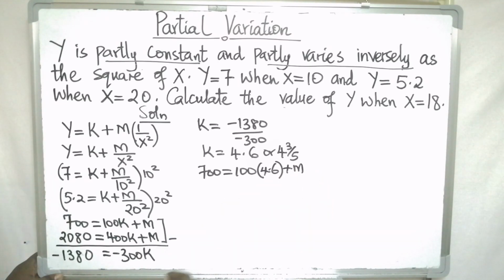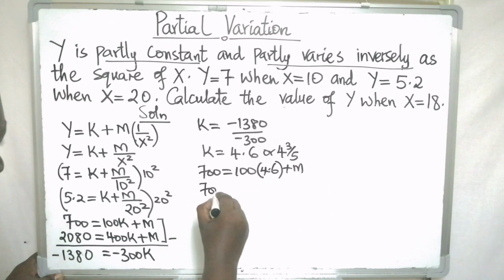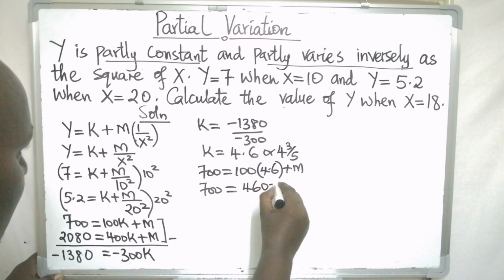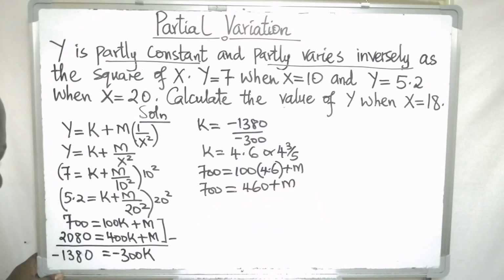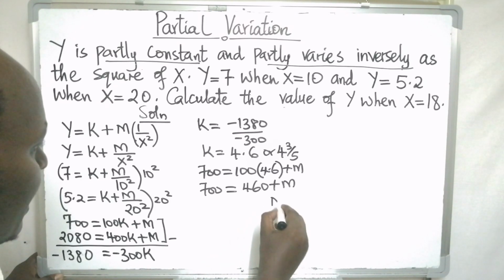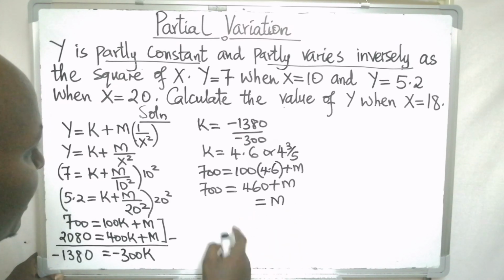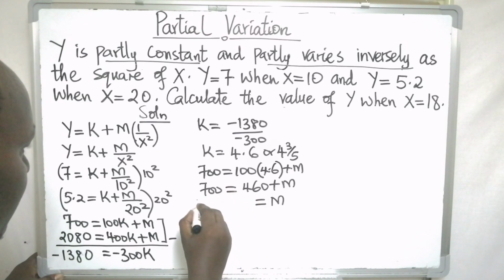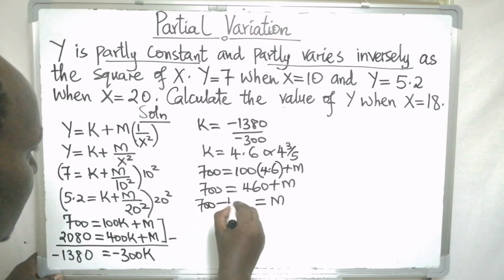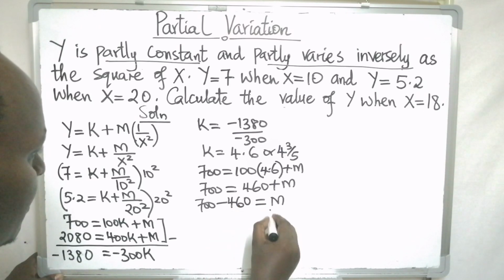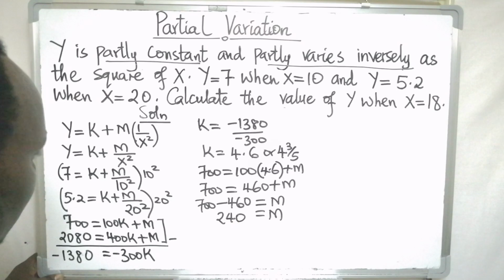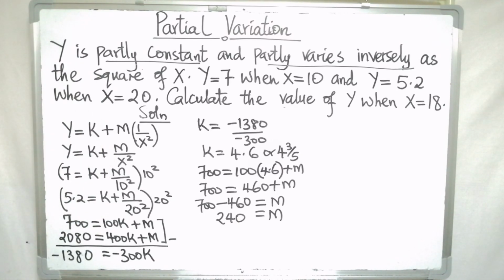So this becomes 700 will be equal to 460 plus m. And to get the value of m, you will need to subtract 460 from 700, and therefore m will be 240. That will be our value of m.